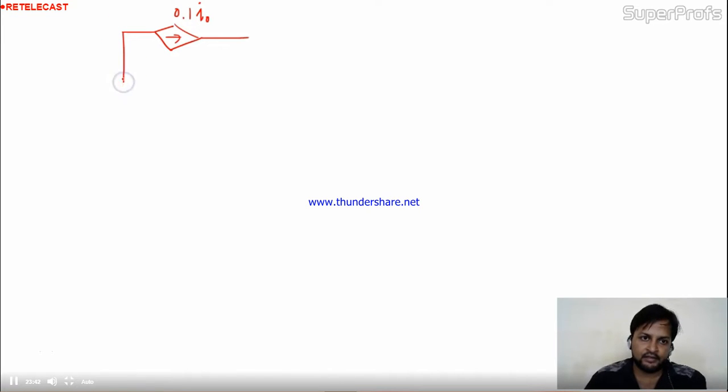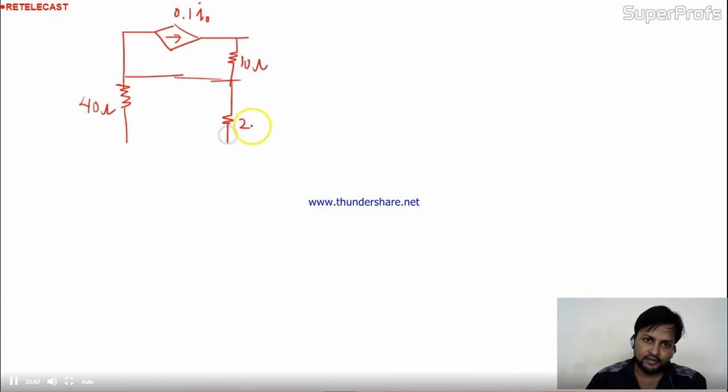Here we are having a 40 ohm resistance. This is the short branch, and here we are having 10 ohm. This is 20 ohm over here. This is 2V0. Fine.